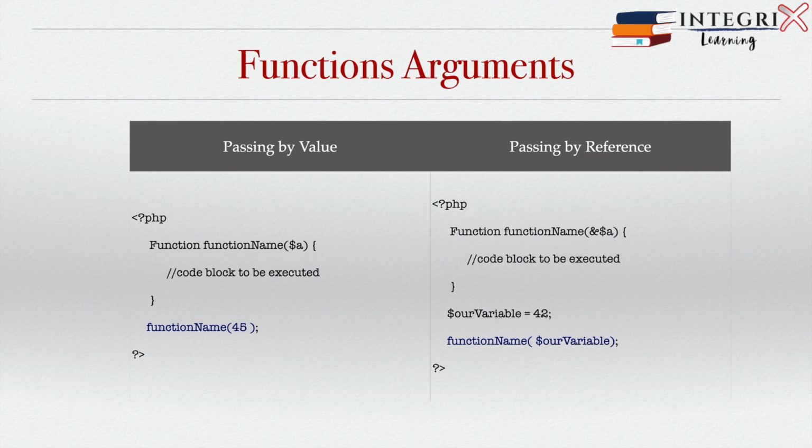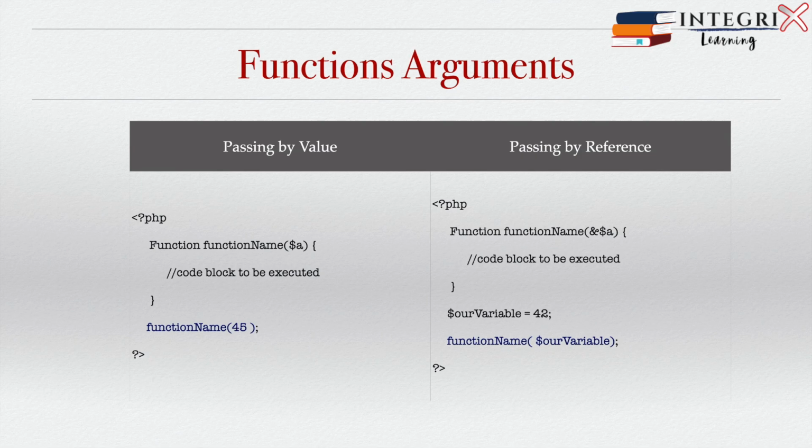They don't have any implication and any impact on variables which are defined outside, even though the variable name is same. So if you define a variable $a inside a function, and you define a variable $a outside the function, they are two different instances.